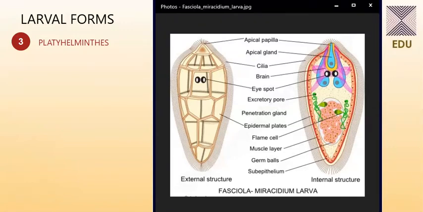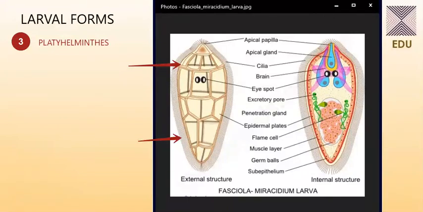So here you can see the major parts of this particular larval form, and these are the plates which are present on the Miracidium larva, and they are protective in nature. And here you can see the presence of the cilia, which are also present around the whole body of the Miracidium, and these are helping in the swimming motions of this particular larval form.